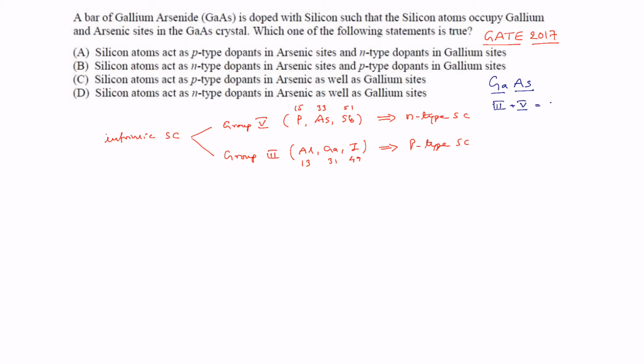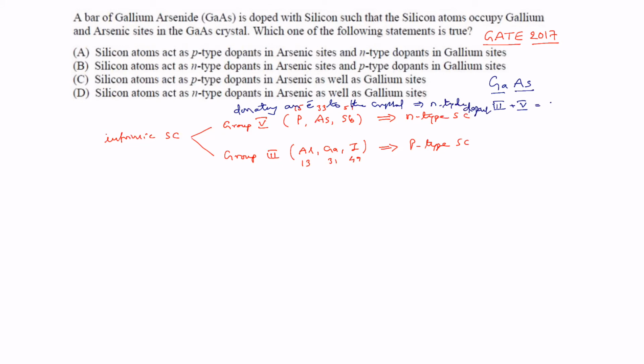So group 5 elements are donating an electron to the crystal, so they are called N-type dopants.